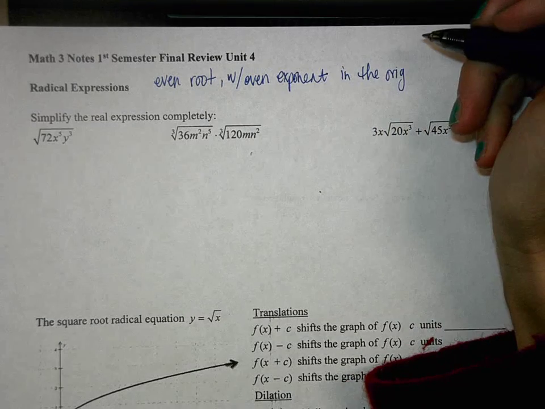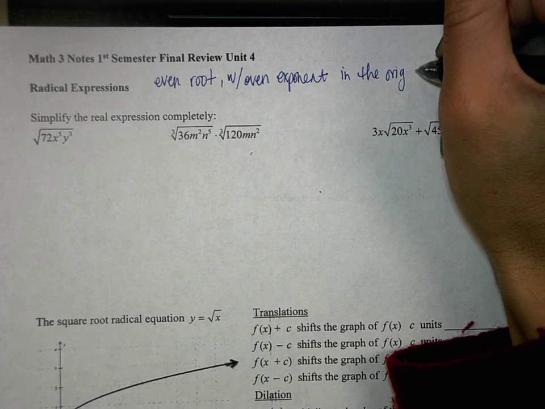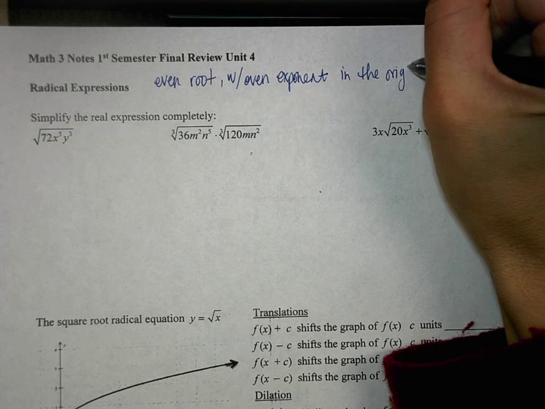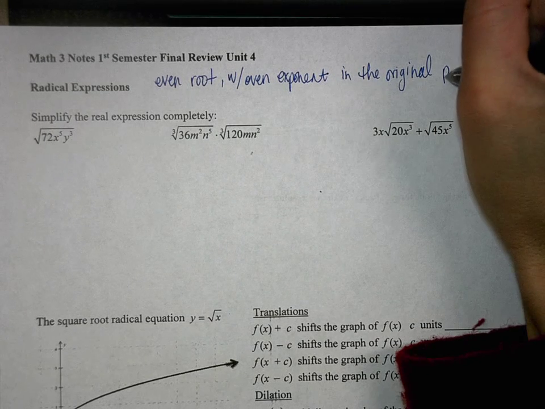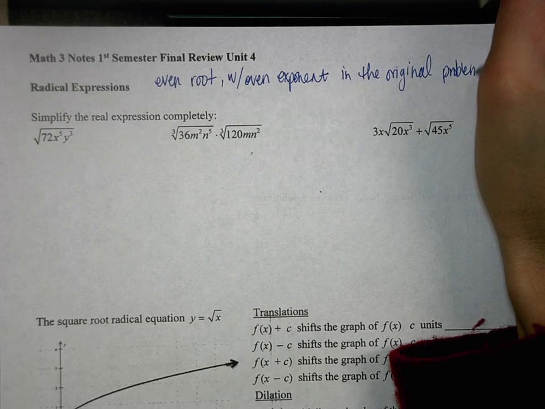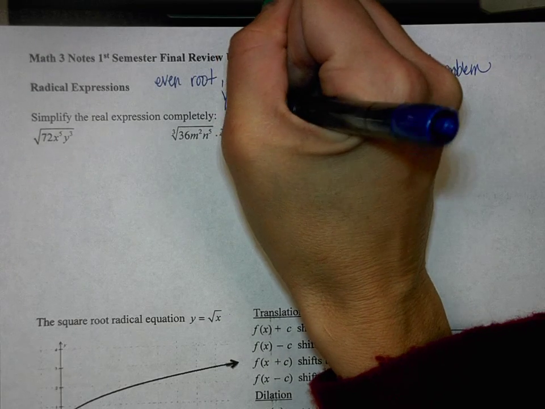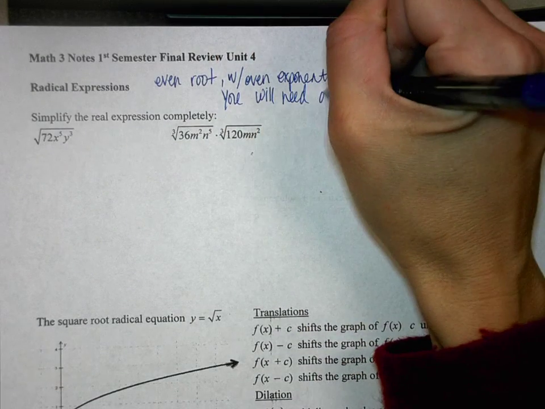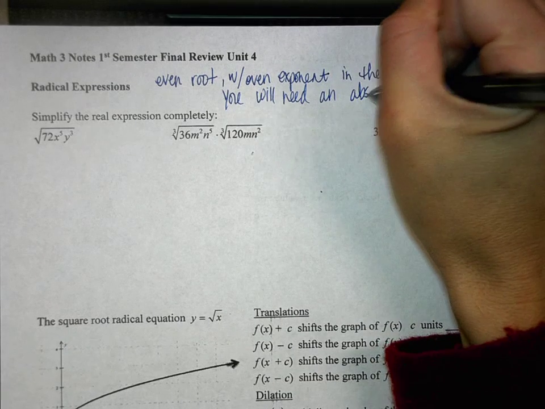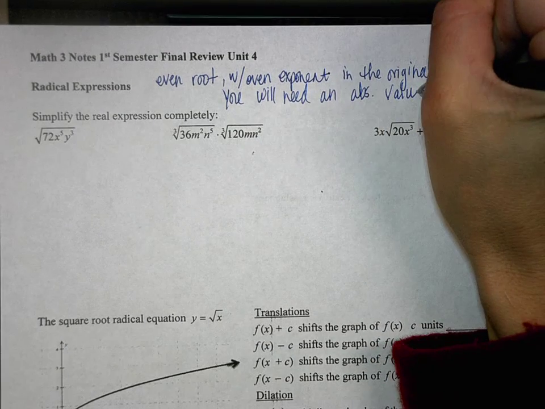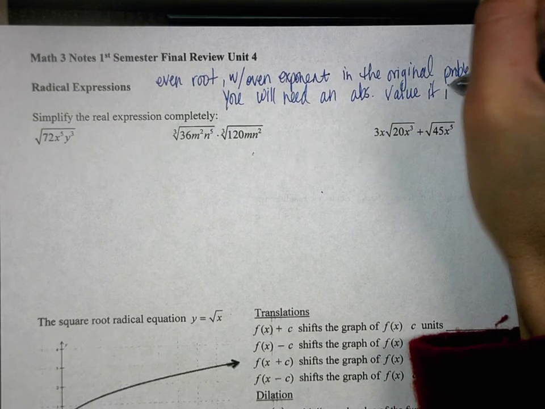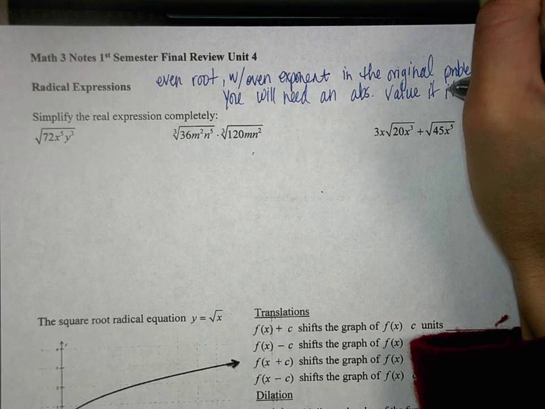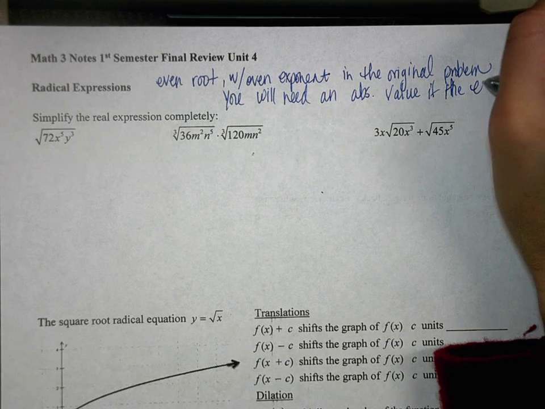With an even exponent in the original problem, you will need an absolute value if the exponent comes out odd.